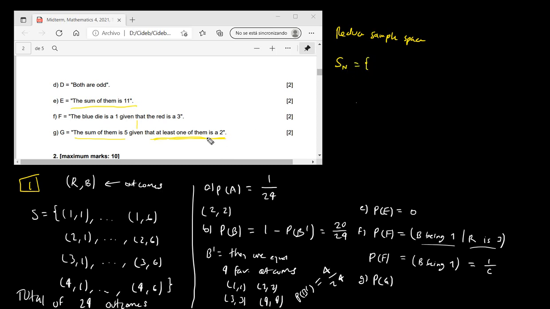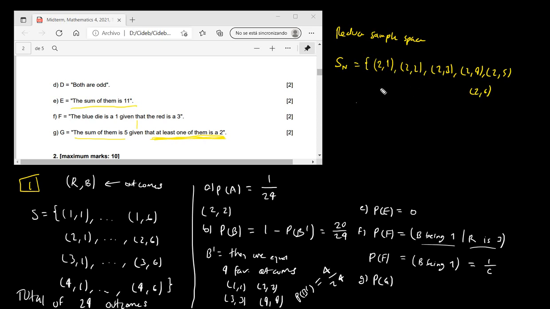And now, since I know that one of them is a 2, I must have something like this. Let's suppose that the red die is a 2, and therefore all of these outcomes are compliant with this condition.